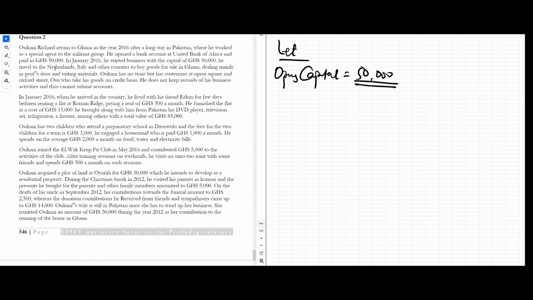Now, he traveled to the Netherlands, Italy, and other countries to buy goods for sale in Ghana, dealing mainly in men's shoes and suiting material. Osikeni has no store, but he has customers at Opera Square and Oxford Street, Osu, who take his goods on credit basis. He does not keep records of his business activities and thus cannot submit accounts. So this alone has told us that we are definitely going to use the indirect method.